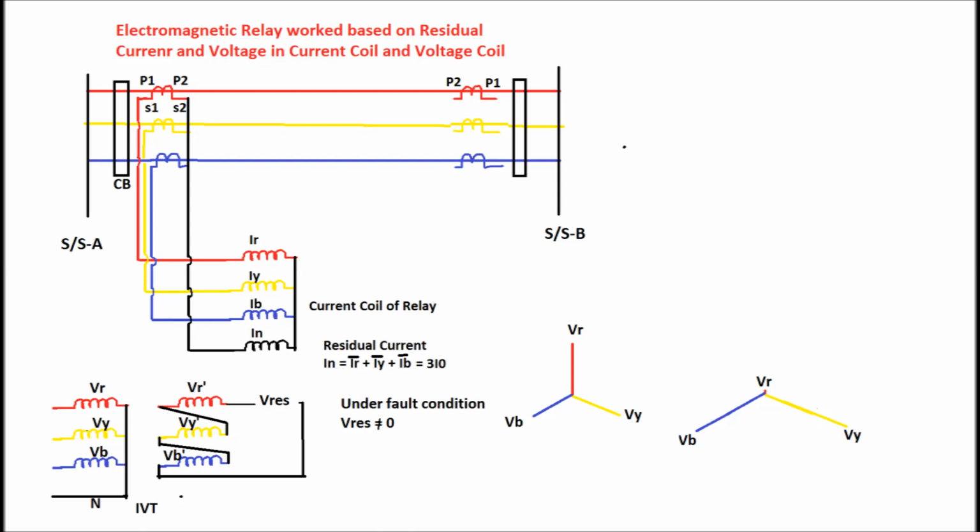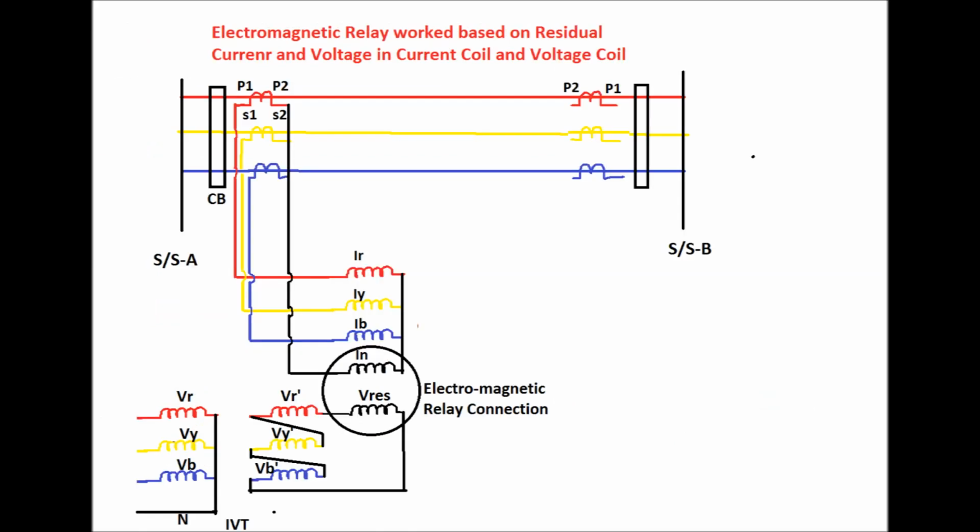So under fault condition the residual voltage will develop, and as the residual voltage is connected to the voltage coil of the directional earth fault relay, the directional earth fault relay will operate and send a trip signal to the circuit breaker to clear the fault. The connection of the electromagnetic relay has been shown in this diagram.